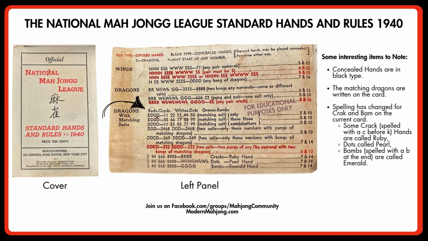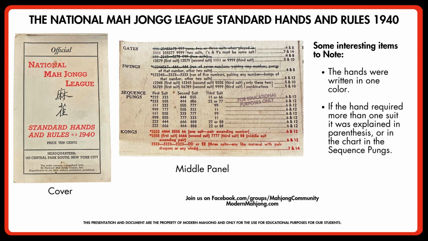Cracks, they dropped the second C, and bams, they dropped the second B. Crack hands were known as ruby in this card, dot was pearl, and bam was emerald, for the colors of the dragons. Here's some interesting things to note. Since the hands were written in one color, if a hand required more than one suit, it was either explained in the parentheses or this chart that you see in the sequence pungs.